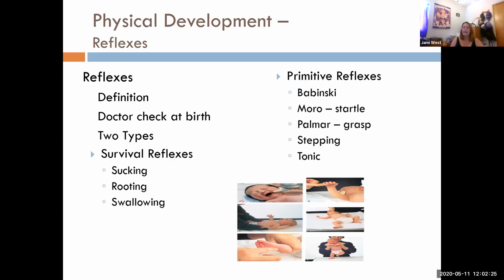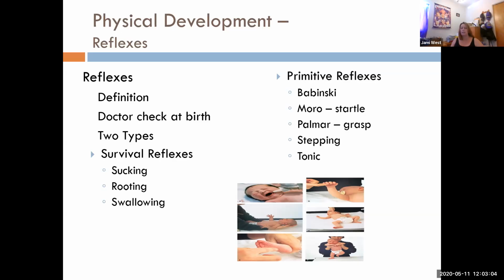When you lay a baby flat, their arms do this. It's also called the fencing reflex: one arm is bent and the other arm straight out, and that's how they lay. That's usually gone by 3 months. What they have seen though is that if it doesn't disappear around 6 months, it can be a signifier of developmental delays.